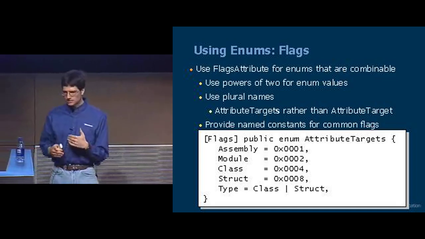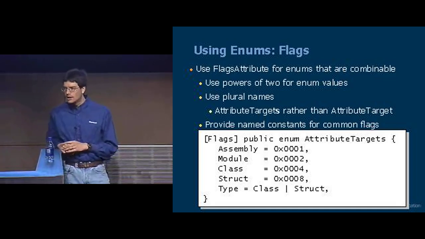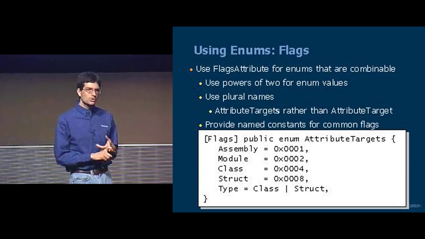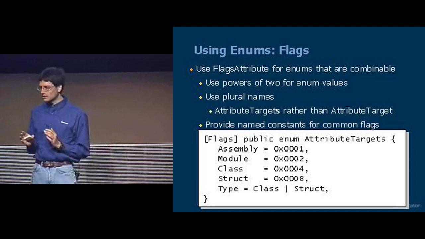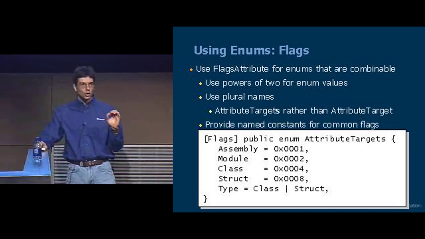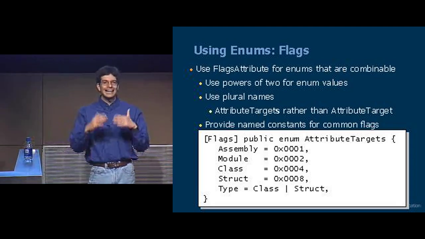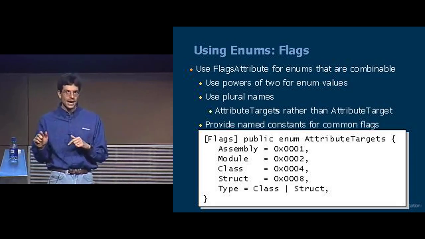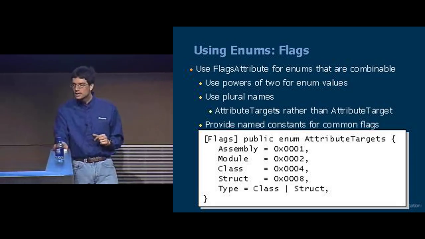You're intended to specify more than one at a time. For these, use powers of 2, which should make it obvious to OR those things together. We also use a plural name in this case to signal to developers, hey, you actually have the option of passing more than one value here.